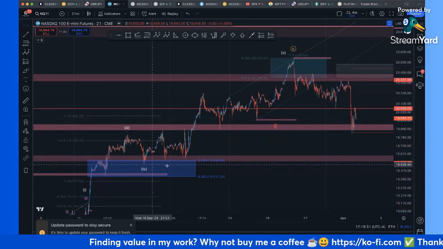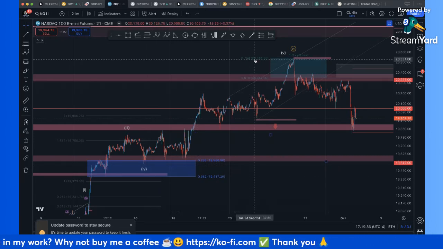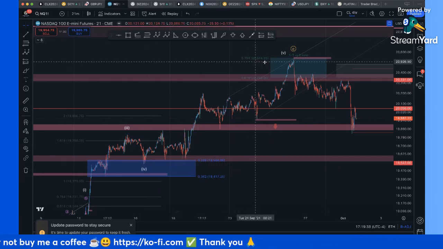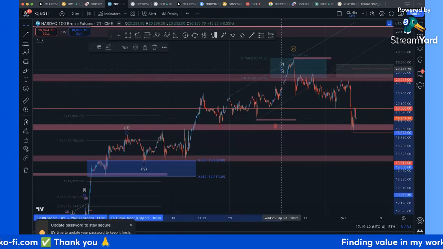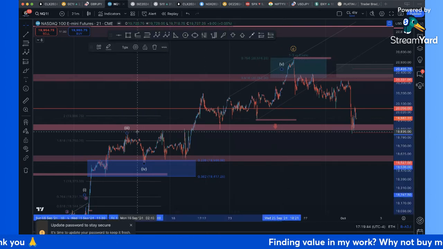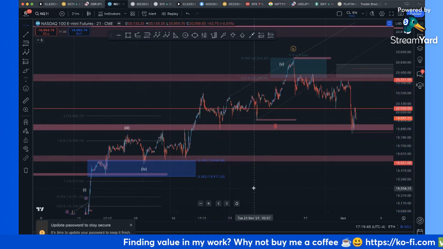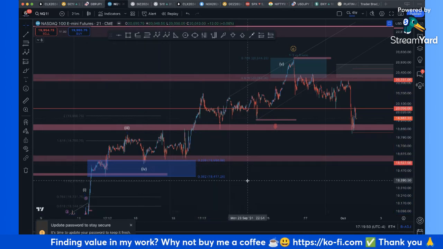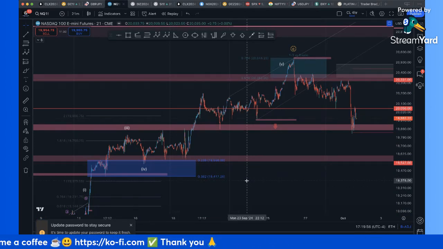Now, okay, let me repeat that. This ratio box gives you an idea of where wave 5 might terminate based on where wave 4 terminates. Okay, sounds kind of crazy. Like, what? Okay, and it doesn't always work, but it is a parameter worth observing.